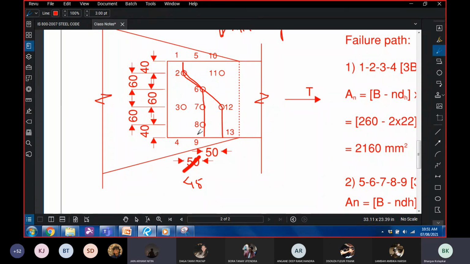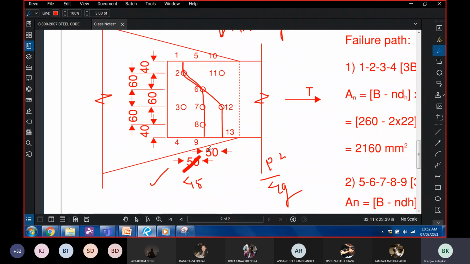Naturally 1, 2, 6, 7, 8, 9, because this is 45, this is 50, so this distance is going to be lesser than this. We have P square by 4G. So whatever has a lesser value of pitch, you'll choose that, and therefore that would give you a lesser area. So use that sort of logic to simplify things and reduce the number of attempts.